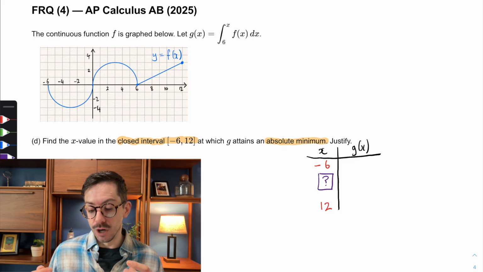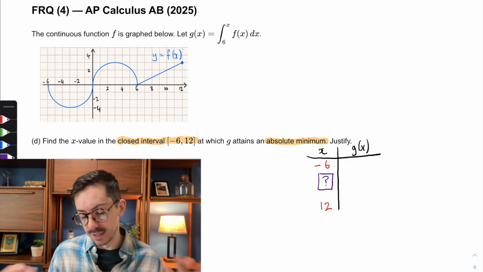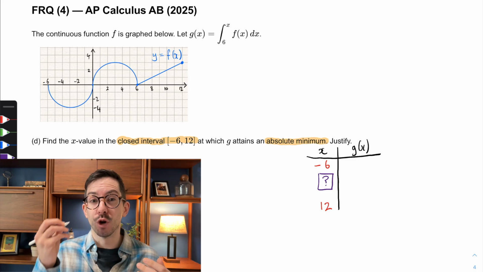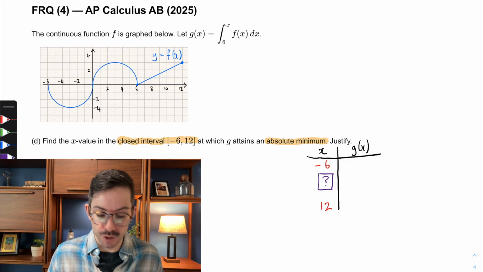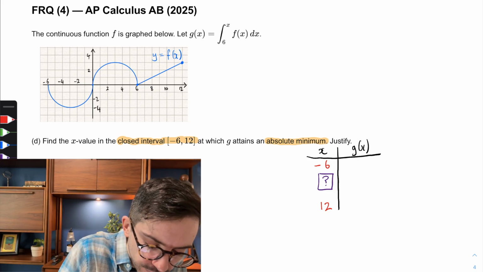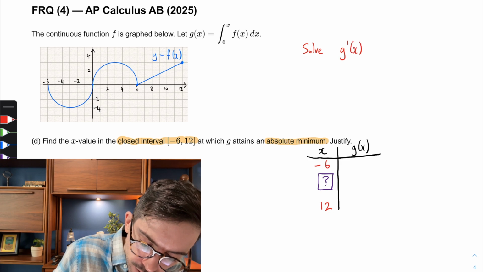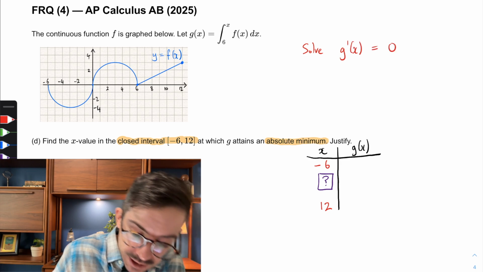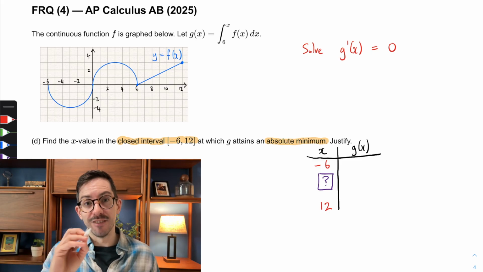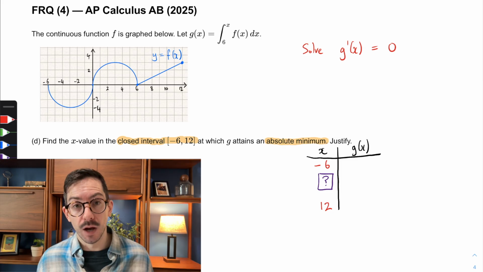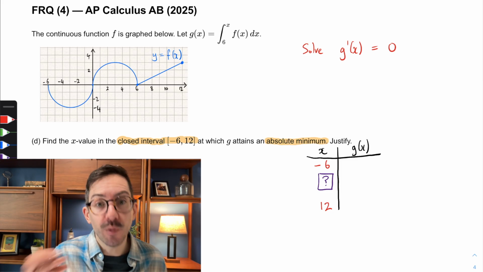Namely, where g might have a local minimum or maximum, in this case, minimum. Okay, so we're looking for turning points of the function g, namely critical points. So we need to solve g prime of x equals 0 to find those potential turning points that might give me the true absolute minimum of this function g.